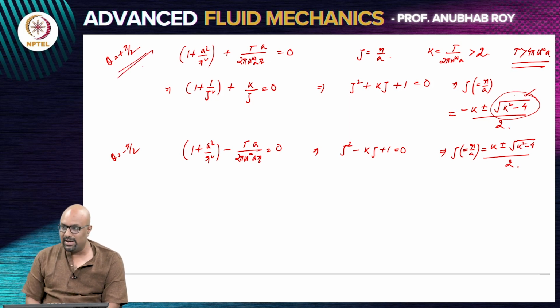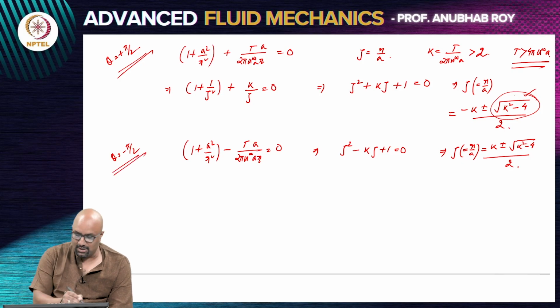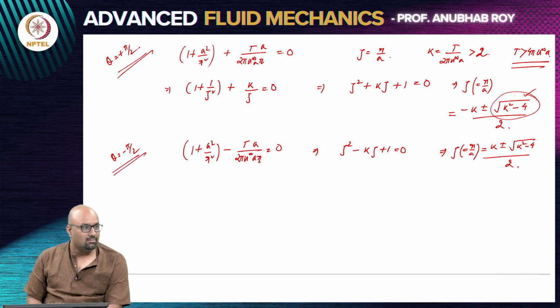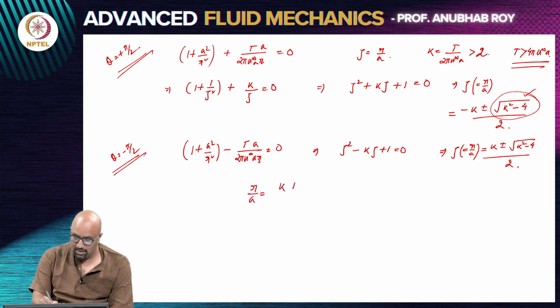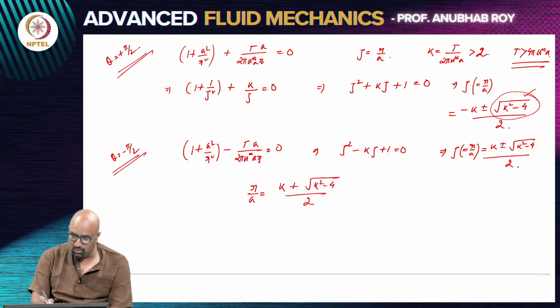All the values that I get are negative, whereas when theta equals minus pi by 2, I basically get the roots to be positive. So, there will be two solutions. r by a is equal to k plus square root of k square minus 4, by 2, and the other solution is k minus square root of k square minus 4, by 2.